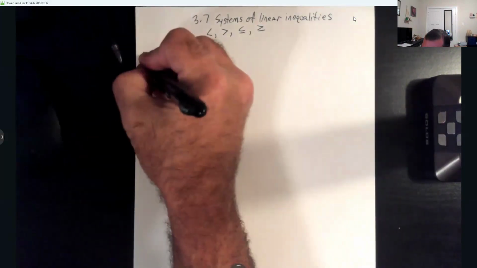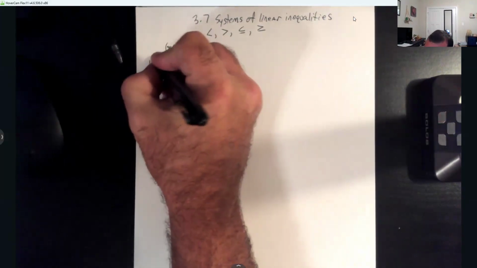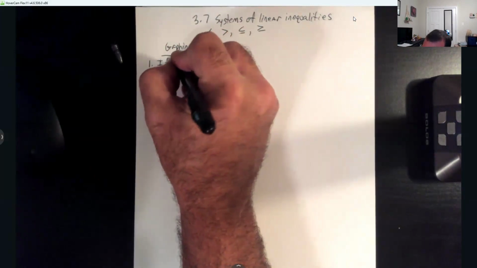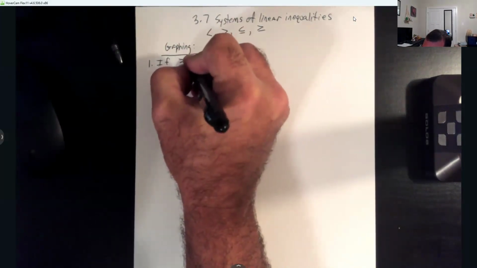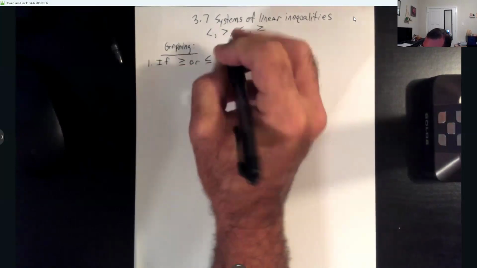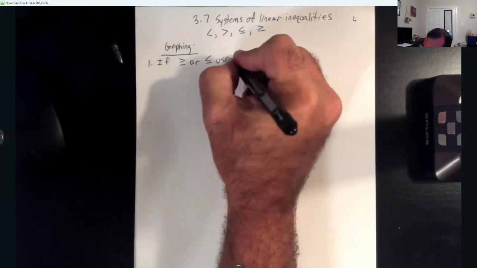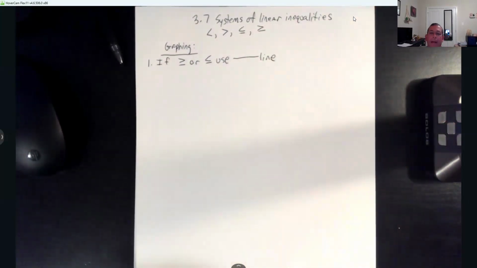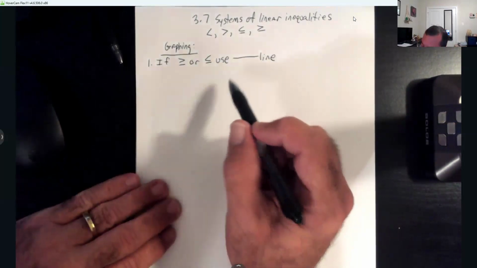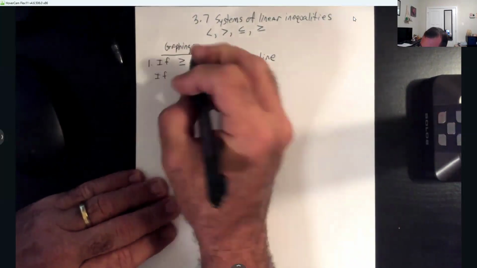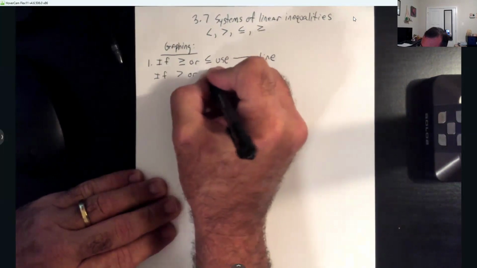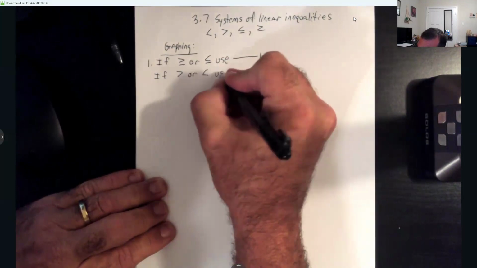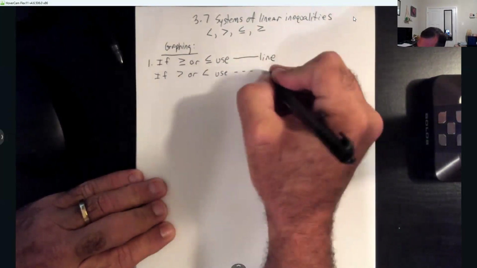So the first thing, if the inequality has greater than and equals or less than and equals, we use a solid line. If we have a greater than or less than without the equals under them, then we're going to use a dashed line.